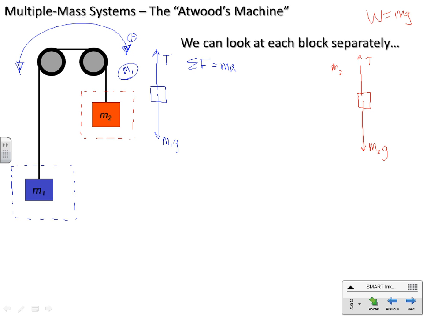Since for M1 going up is positive, we do T minus M1g equals M1a. And for block 2, remember, if block 2 goes down, that's positive. So that's M2g minus T equals M2a. You okay with that?